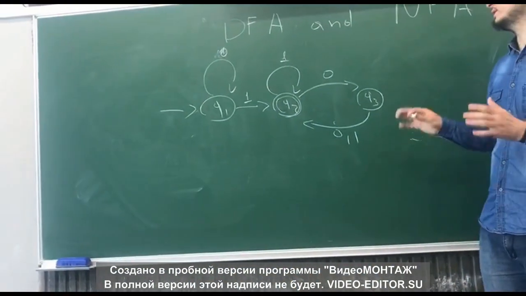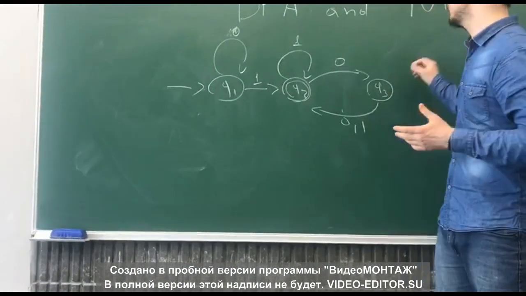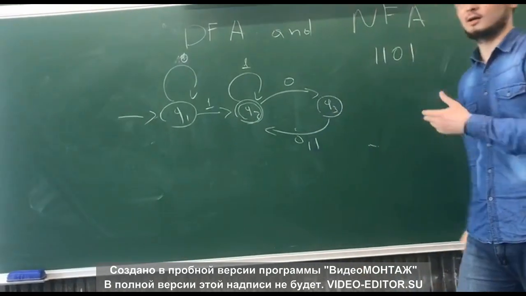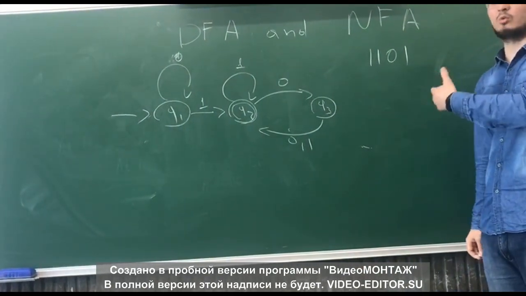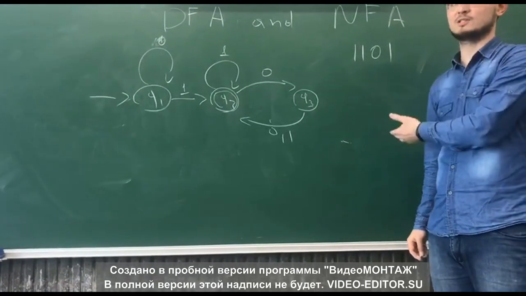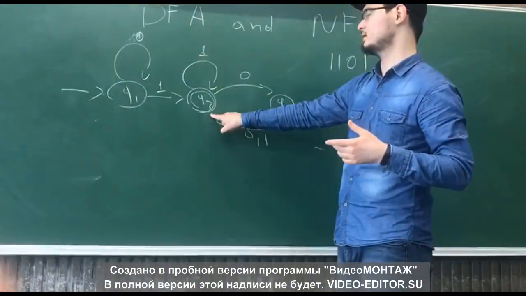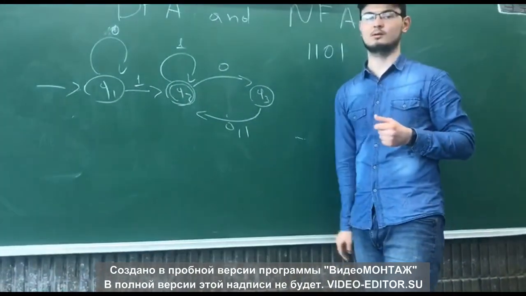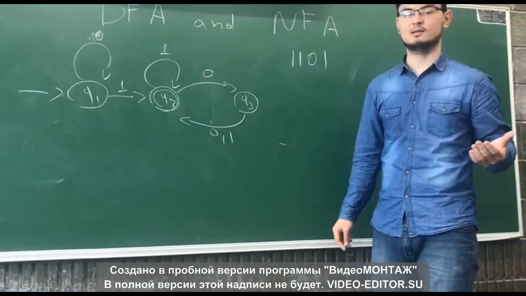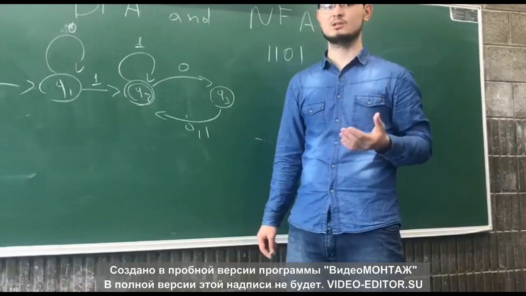So what does this state diagram mean? Consider the string, for example, 1, 1, 0, 1. After the entire string 1, 1, 0, 1 has been processed, the machine is in state Q2, which is an accepted state. We say that the string 1101 is accepted by the machine.